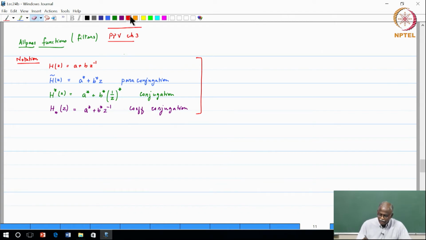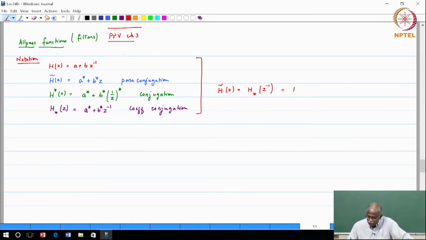Using these components, I would like you to verify that H tilde of z can be written in two ways. The first is coefficient conjugation, where the only thing that does not change is z: do the coefficient conjugation and replace z with z inverse.